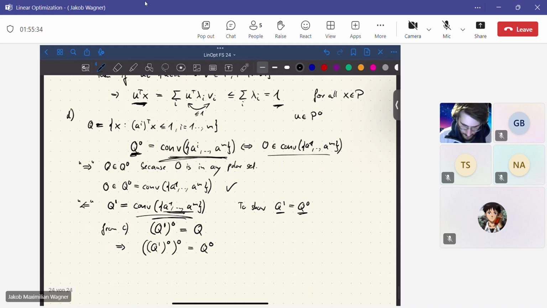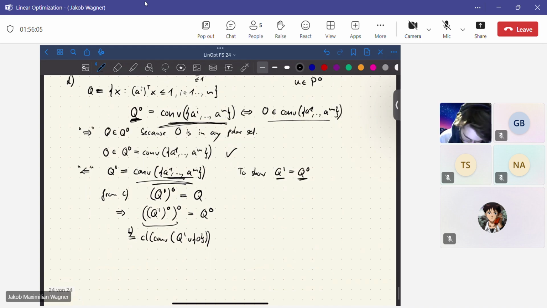All right. And what do we get from this? From this we get that because we have here the double polar of Q prime, we have seen in part B that this double polar of any set we can write as the closure of the convex hull of Q prime, including 0.